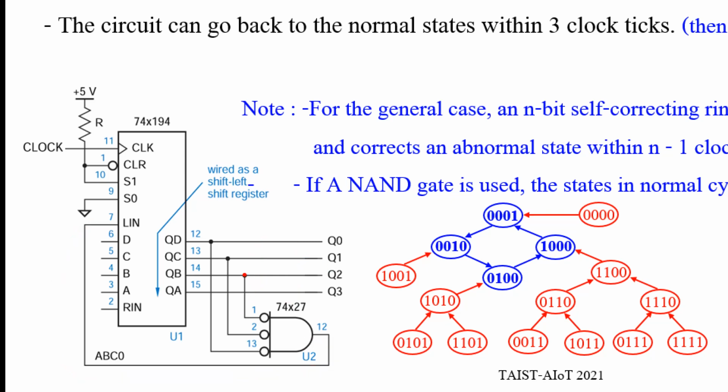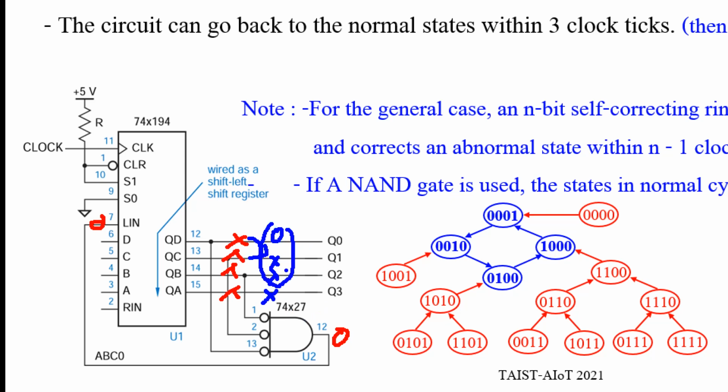For example, now the state is x, x, x, x, which may be an unused or abnormal state. If this condition is not true, not 0, 0, 0, this output becomes 0. When the shift left clock ticks, x, x, x shifts to here, and data is read from here to here, so it becomes 0 here.